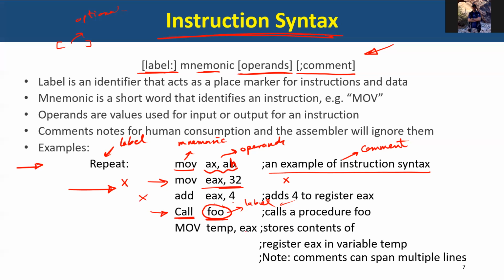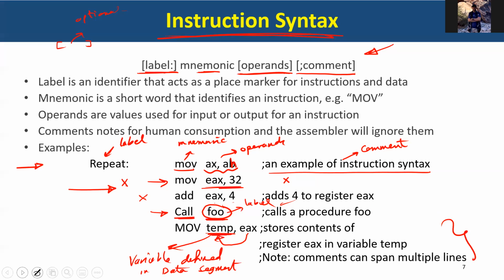Move AX, temp means move the value of temp into AX. This is a variable, defined in the data segment of the code. We're going to see examples and this will be clear for us. And here the comment takes more than one line. So it's okay to have lines with just comments. It's very okay. Good.